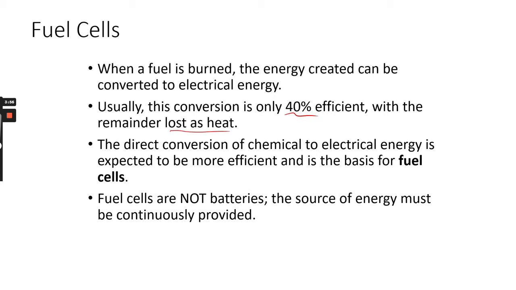The direct conversion of chemical to electric energy is expected to be more efficient and is the basis of what we call fuel cells. Fuel cells are not batteries because you have to constantly supply them with a source. Your battery is a sealed container, and the reaction happens inside that. Your fuel cells, you have to constantly put something in so that you can get this energy out.